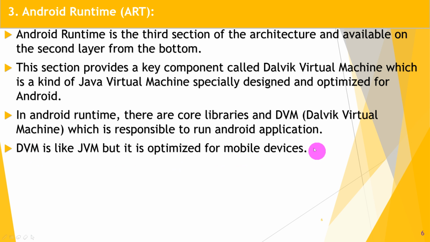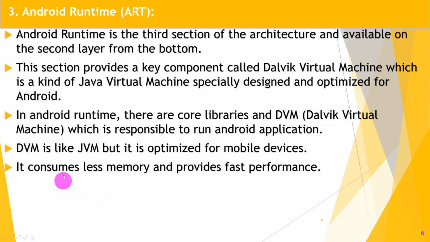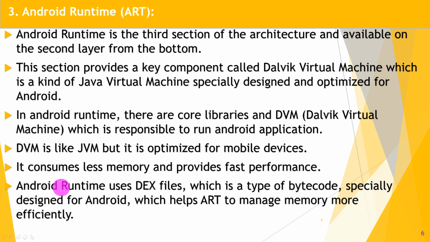Okay. It consumes less memory and provides fast performance. Android runtime uses DEX files, which are a type of bytecode. We know in Java also, when we first compile the Java language, it converts into bytecode.